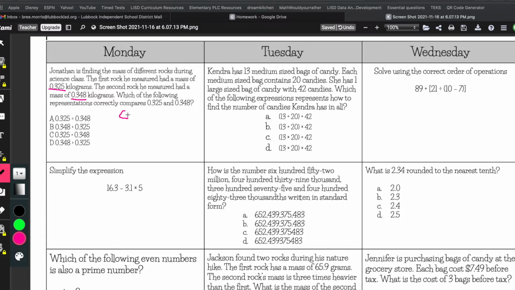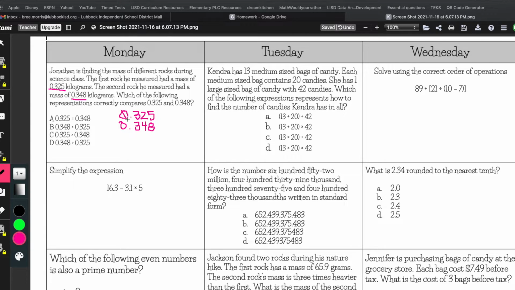The strategy is to line these up by the decimal. Then we take it one digit at a time, starting with our largest place value. Okay, so here's our largest place value, the ones.